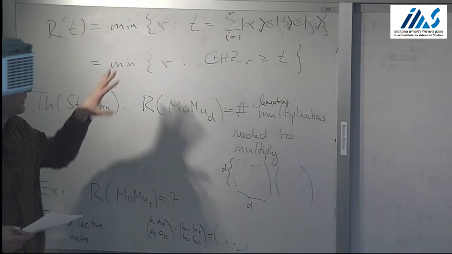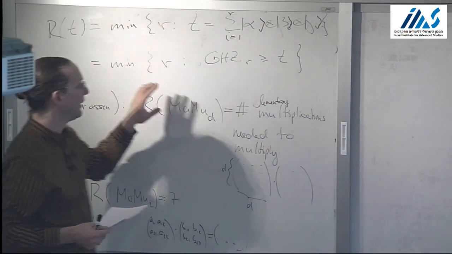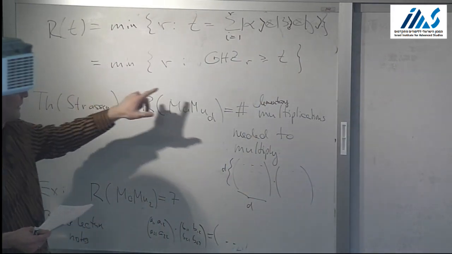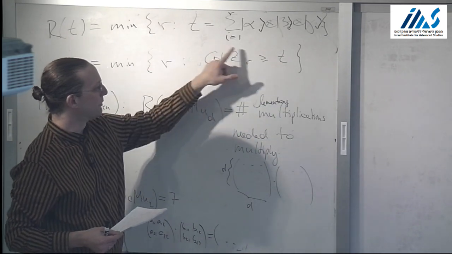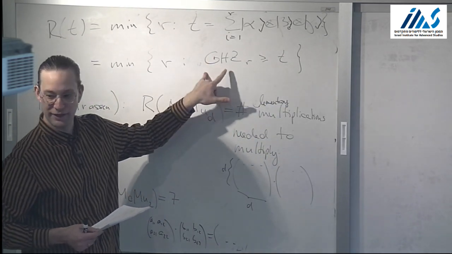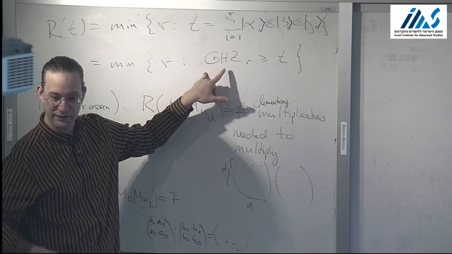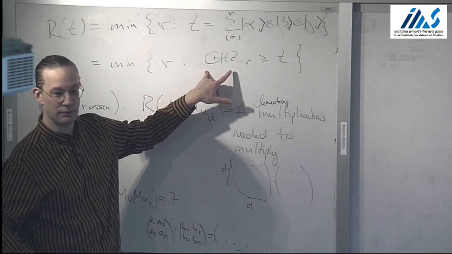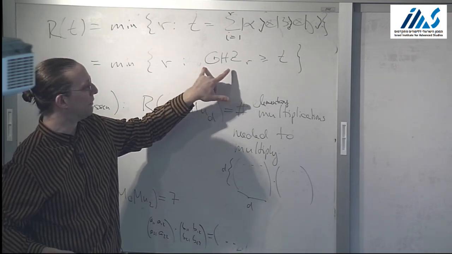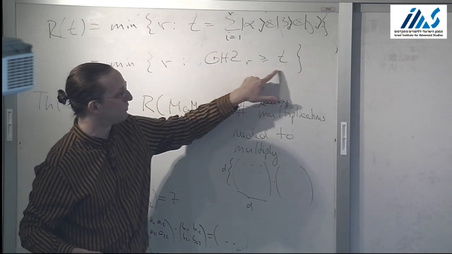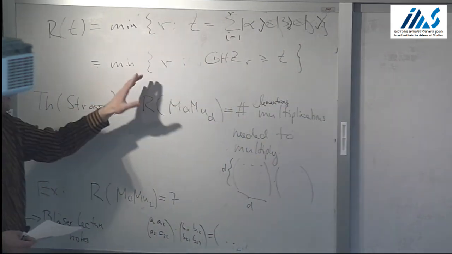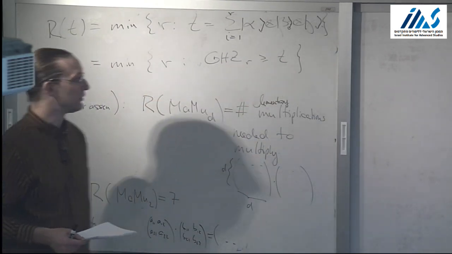But now, this was not exactly the way I wrote it down on Monday. What I wrote was, let's look at T, let's look at the minimum R such that a GHZ state, this diagonal thing, the sum over i from 1 to R, restricts to T. So it's the minimal R such that the GHZ restricts to this.